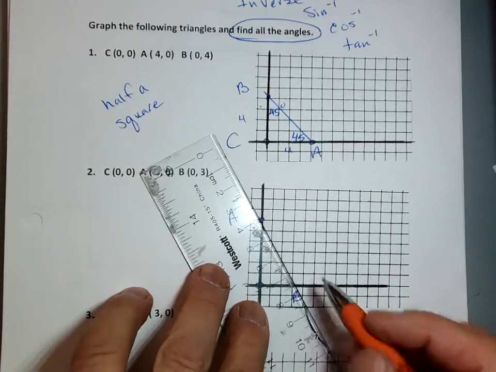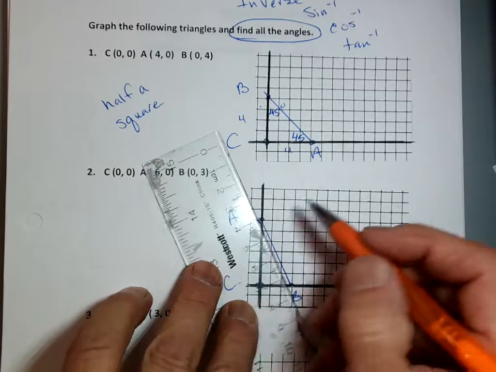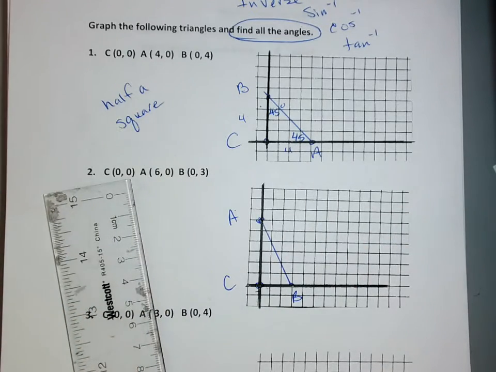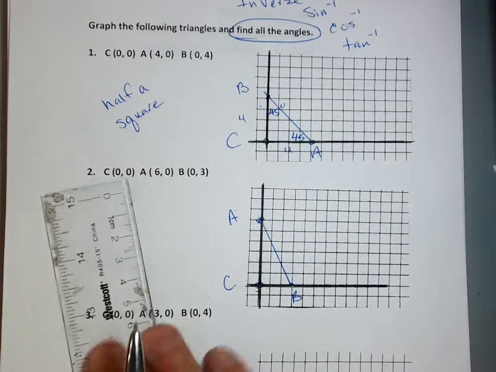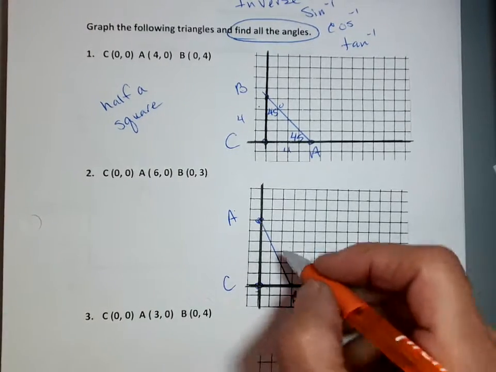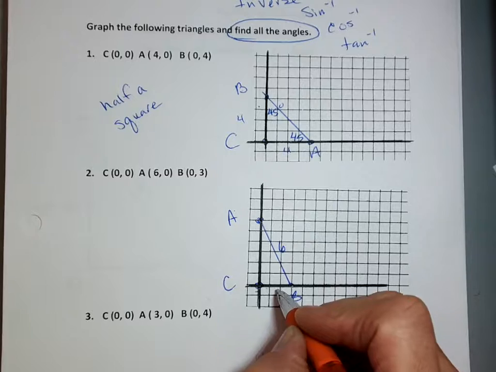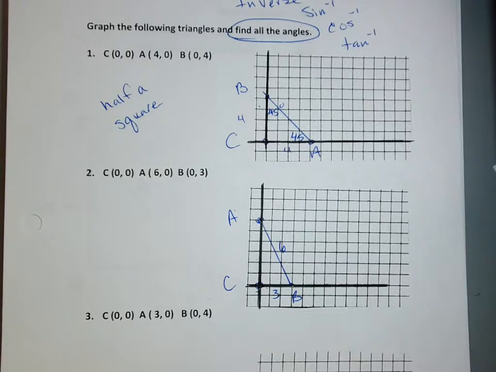Okay, and I picked this one on purpose again because it's one of our special right triangles, okay? I already know the angles are 30, 60, 90. How do I know that? This side is 6, and this side is 3. If we have a triangle, kids, you listening? Yes.